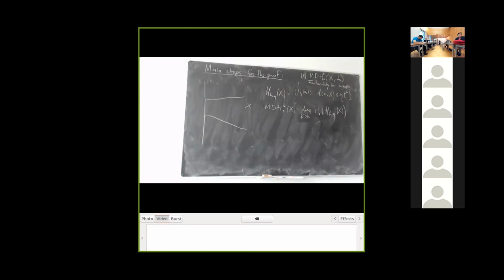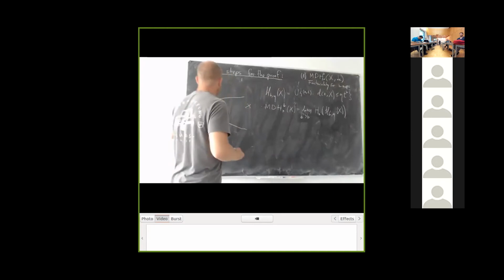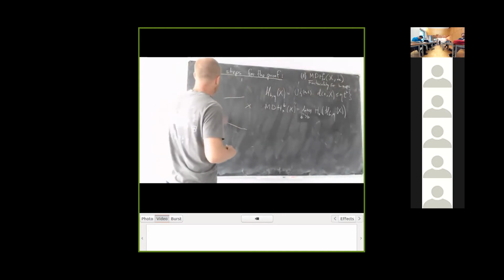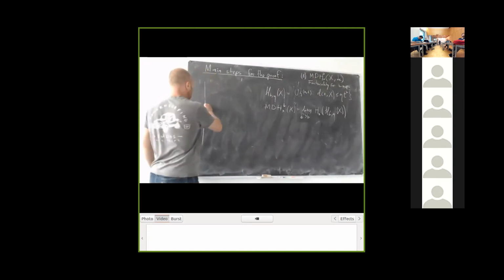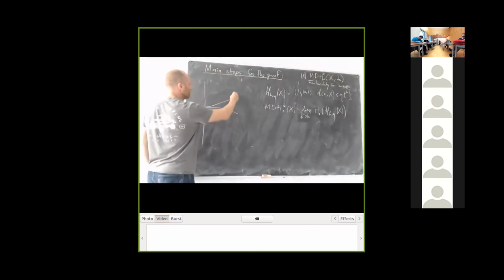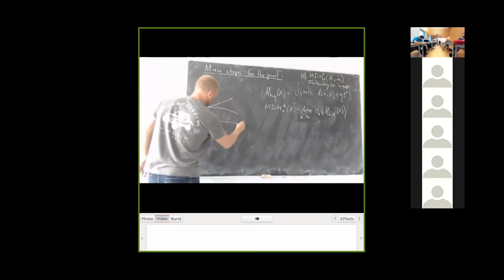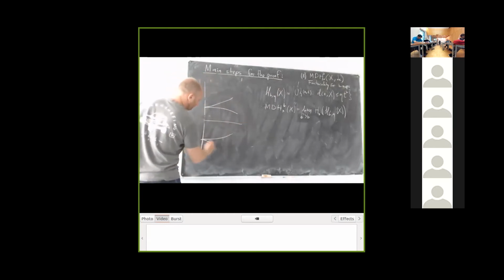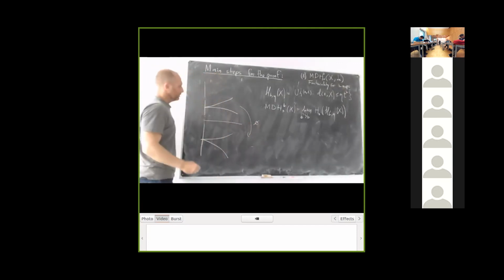Okay, and now we want to reduce our theorem to the usual topological theorem. So what you do? So you have your transformation. So I think it's easier now to picture this. You have your transformation. Fine. Okay.